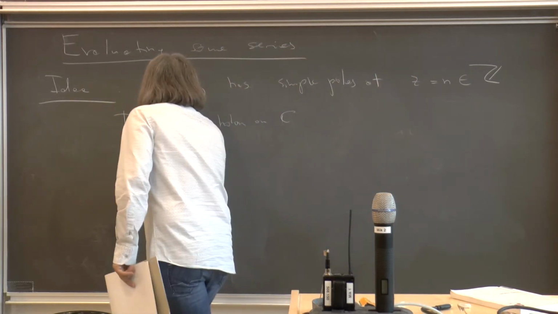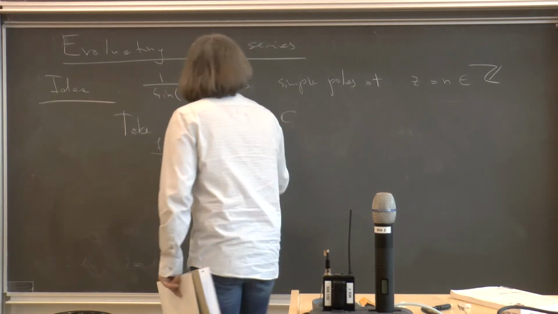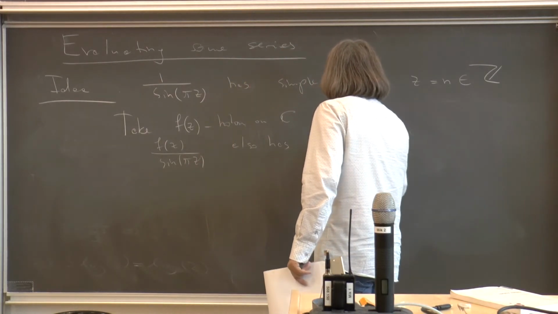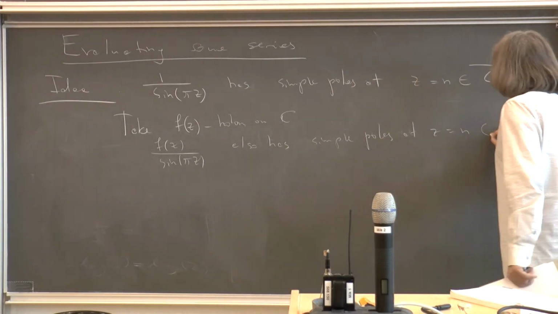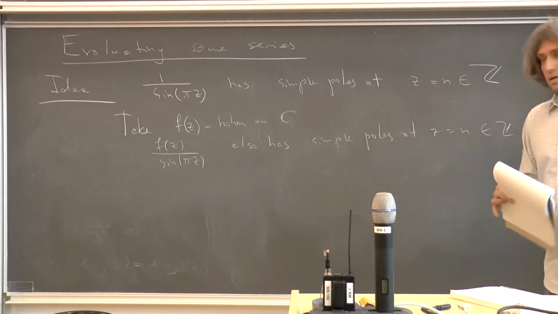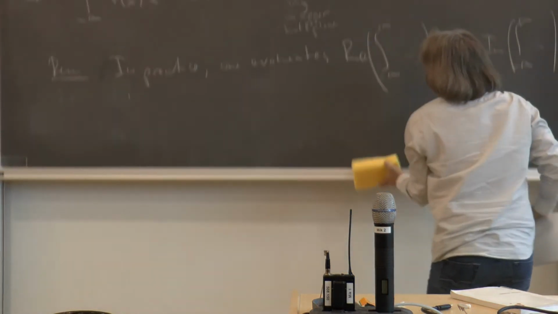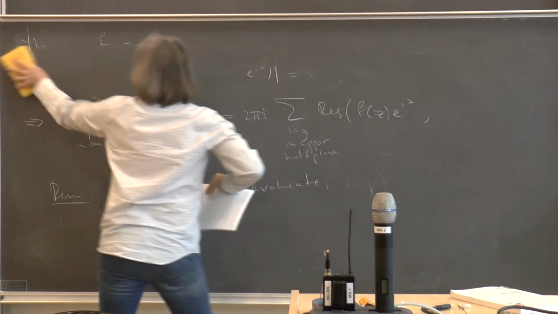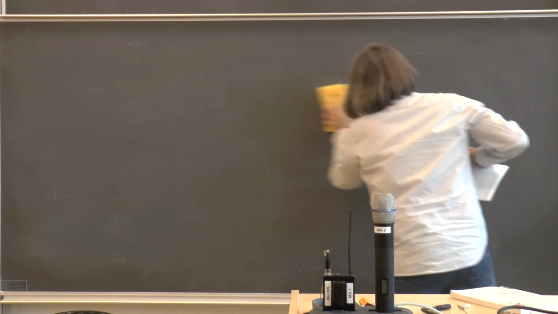Then f of z over sine z also has simple poles at z integers. And then you make a direct calculation of residues.